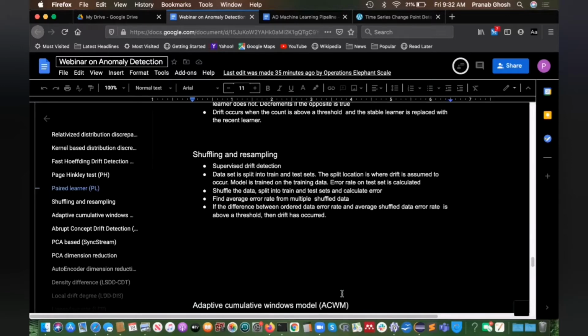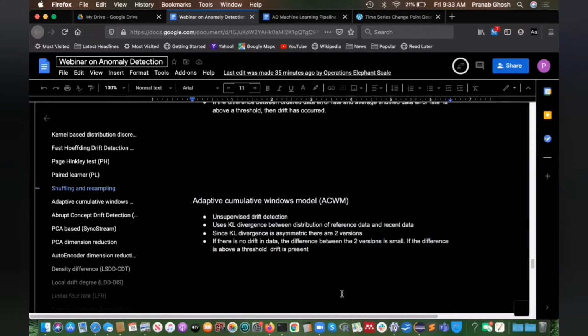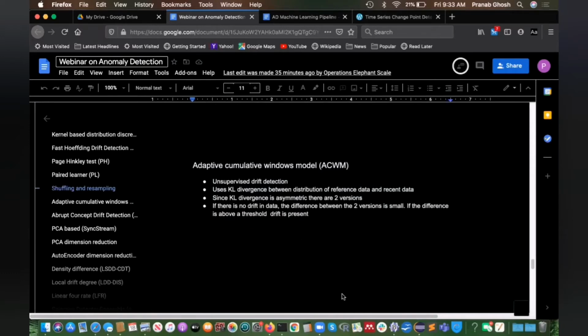But when you shuffle it, your error rates will be smaller, right? Because you're shuffling the data. So you will see a significant difference between the errors in the two cases, and that means there is drift. This technique is also known as the permutation method in the concept drift literature.